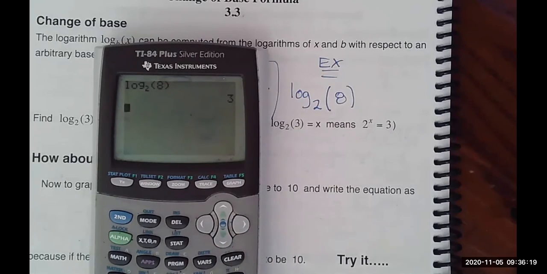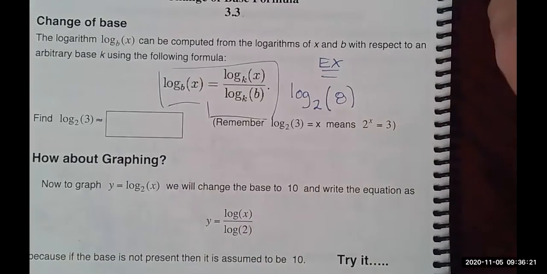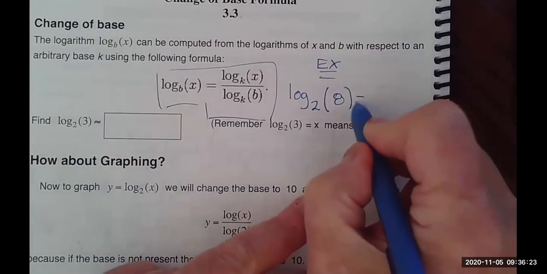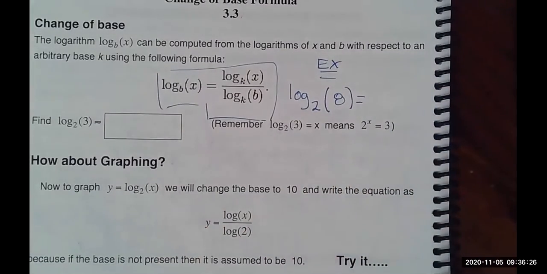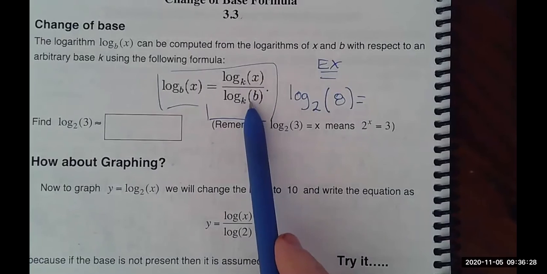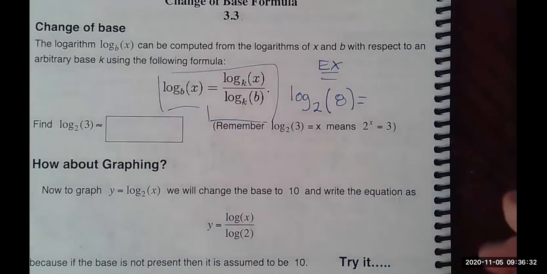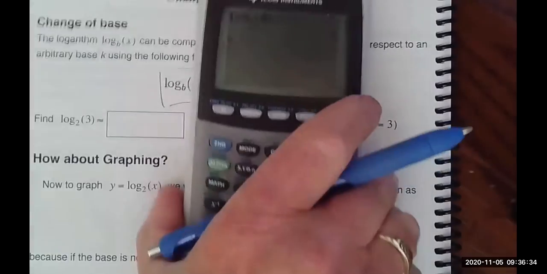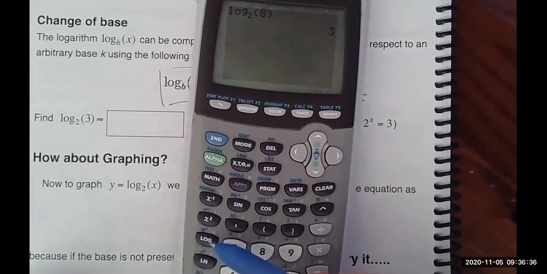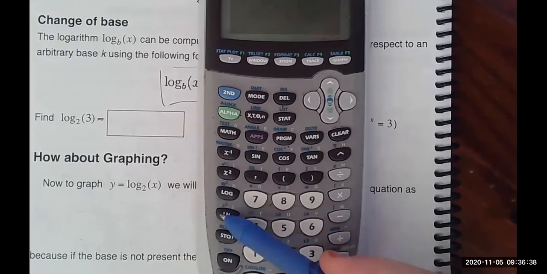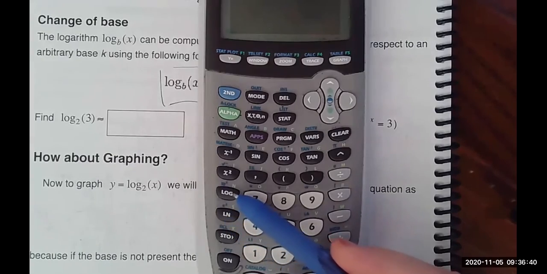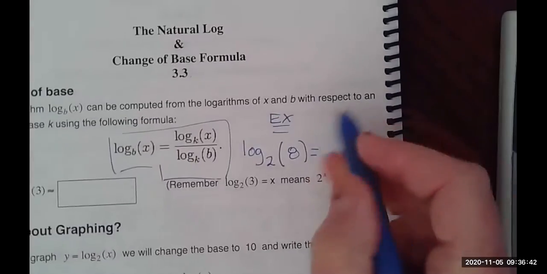Now how you would get 3 is you would rewrite this, and this says you get to pick any base that you want. Well, why not pick base 10? You've got a button here, Sergio, everybody does. That's the easiest one. So you don't even have to write the base 10 on there.